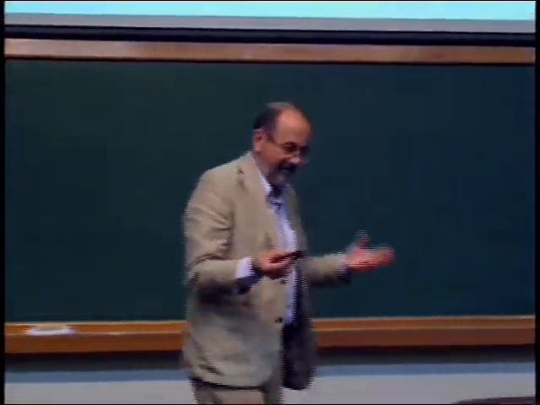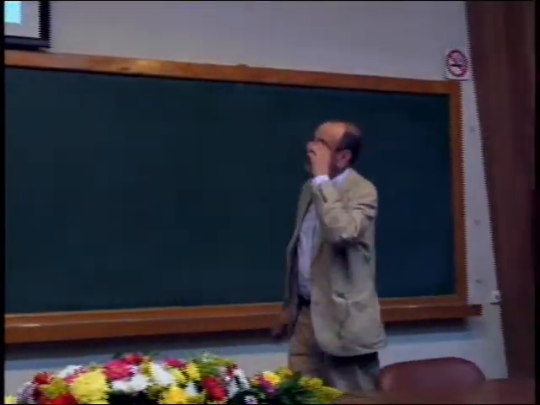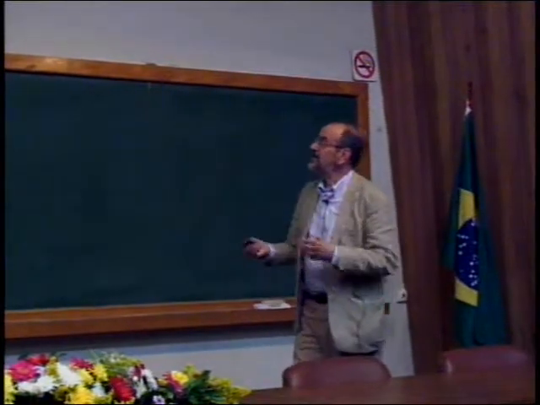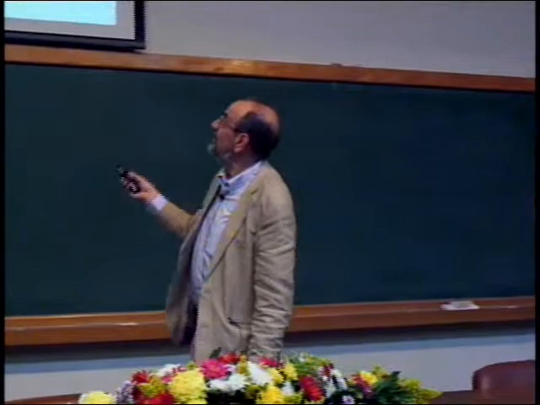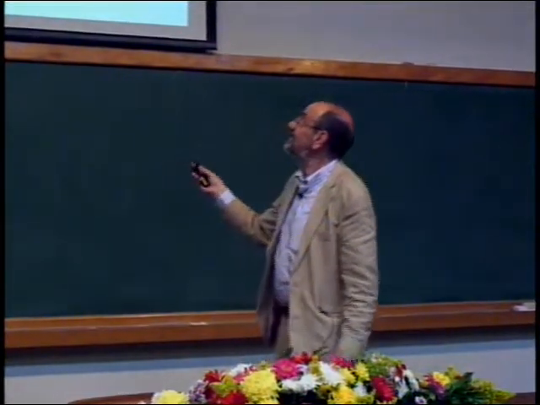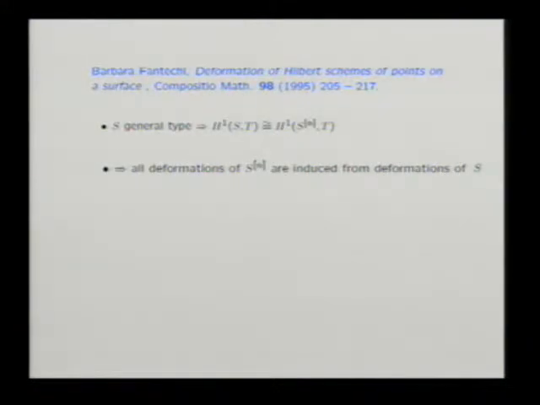You know that if you have this Hilbert scheme, somehow or other it's defined by algebraic equations, but you're not going to get anything new by trying to deform that. You'll only get the same thing as deforming the algebraic equations, the coefficients, if you like, of the polynomial of S, and then taking the Hilbert scheme of that.